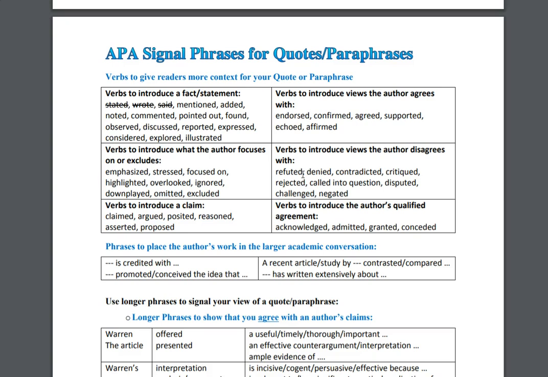The quote is going to help you support your claims and also create a more academic paper. So follow the quote sandwich format and then use the stronger verbs, and all of that together will help your paper be stronger and more academic.